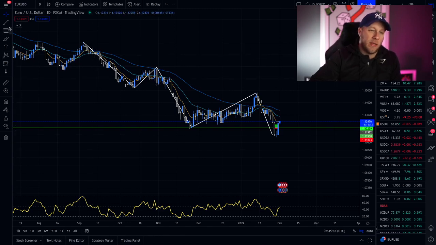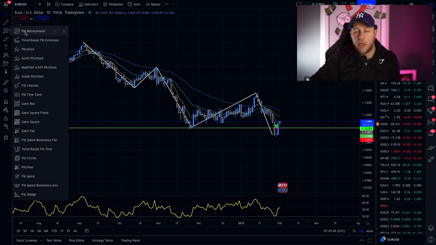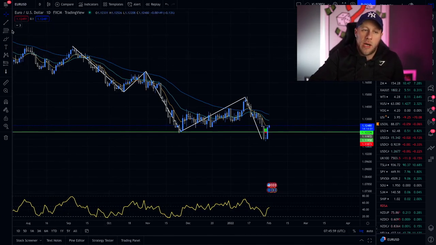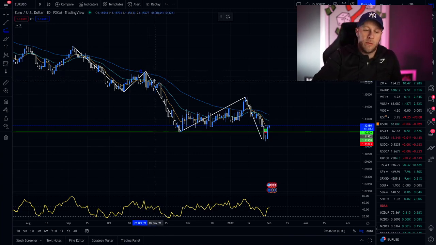Now, one of the powerful tools in all trading is Fibonacci retracements and Fibonacci extensions. Fibonacci numbers and ratios are well respected in the markets, as we all know. Why are they? We don't care. We don't concern ourselves. We just know they are. And one of the things you can use, first of all, a retracement.